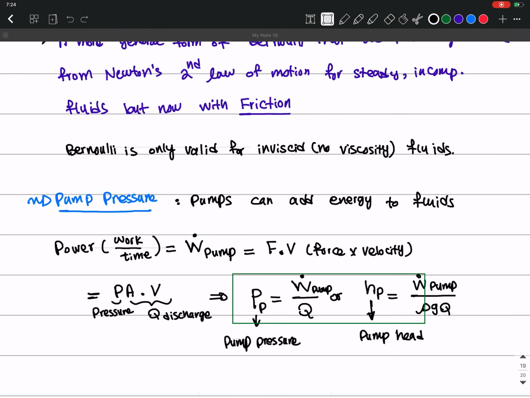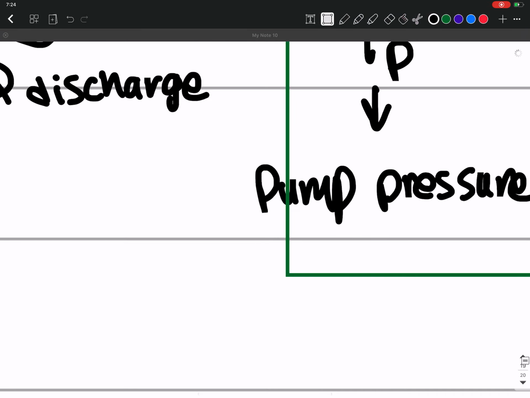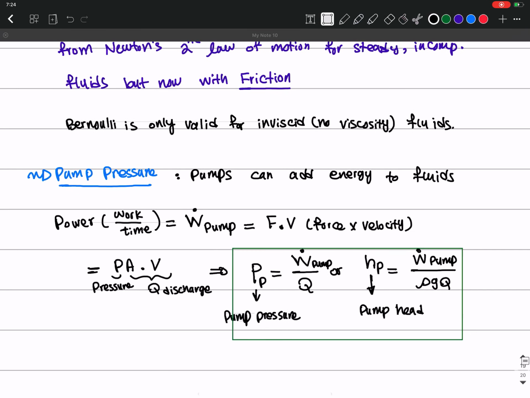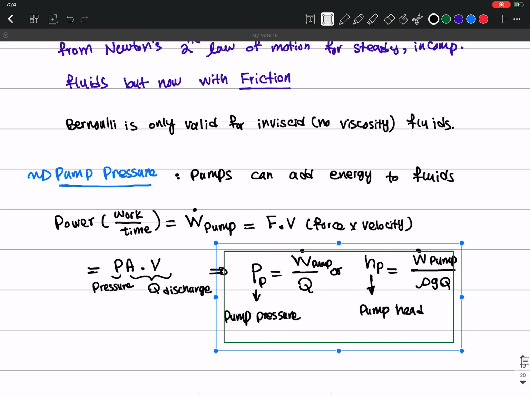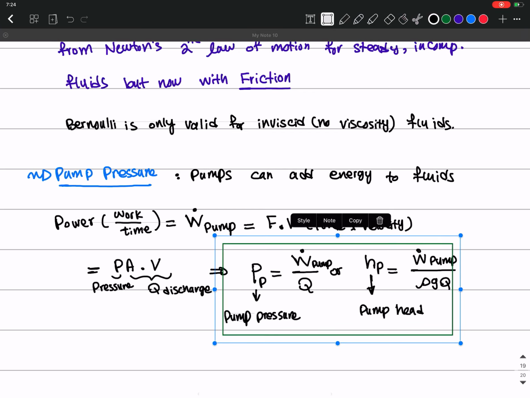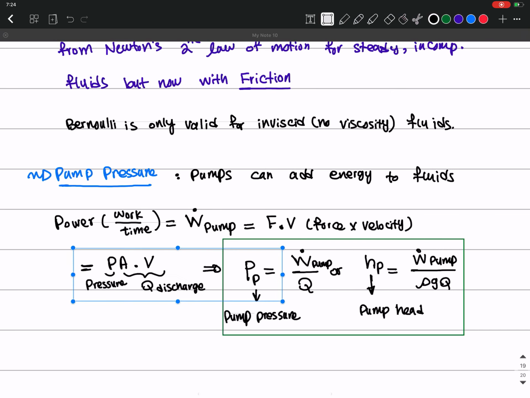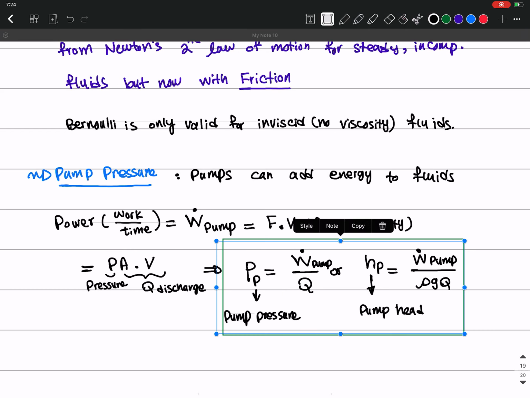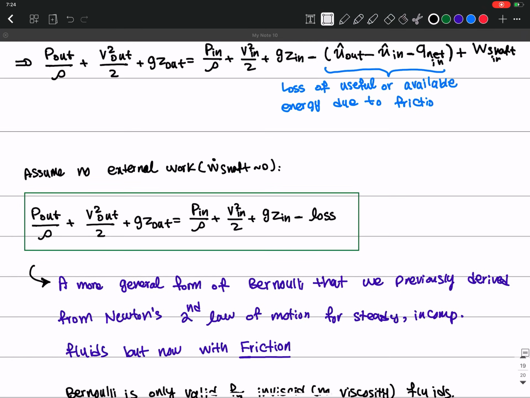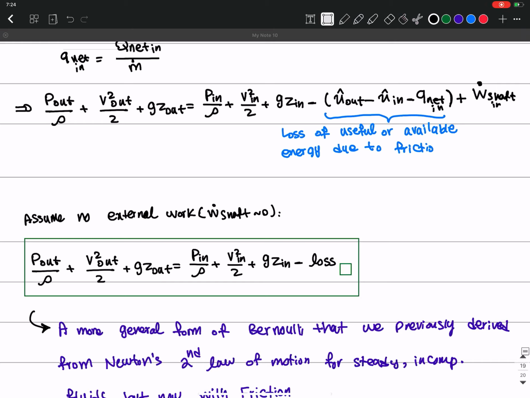Okay, so let me put it here. So this is how this W dot of the shaft also comes. So this will be added to the right-hand side of the Bernoulli equation.